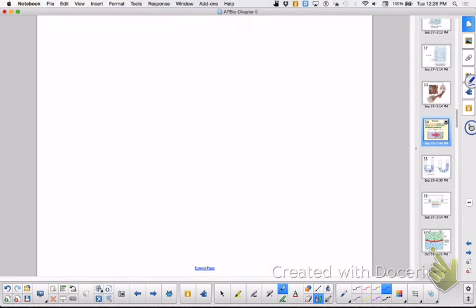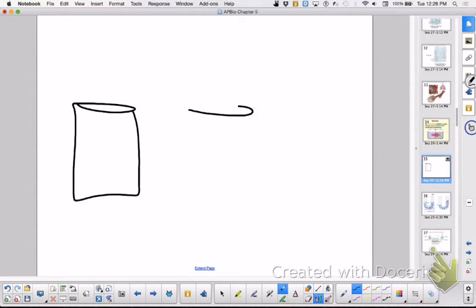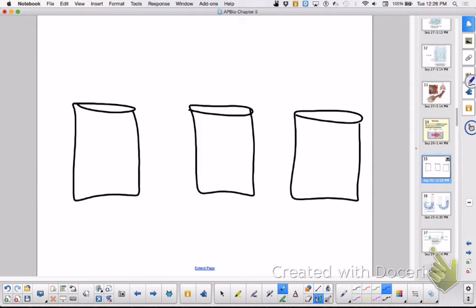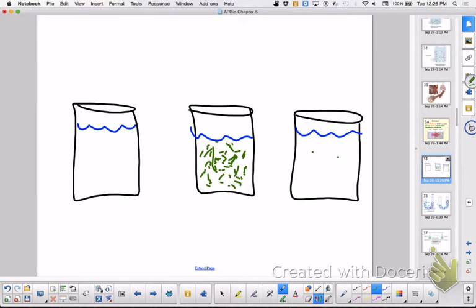So let's talk about a couple different scenarios here. You have a beaker. Here are 3 beakers. We're going to put water in each of them. Then we're going to put some salts, and some salts, and nothing.